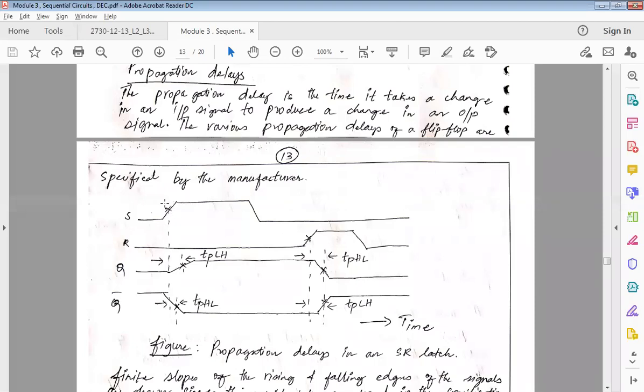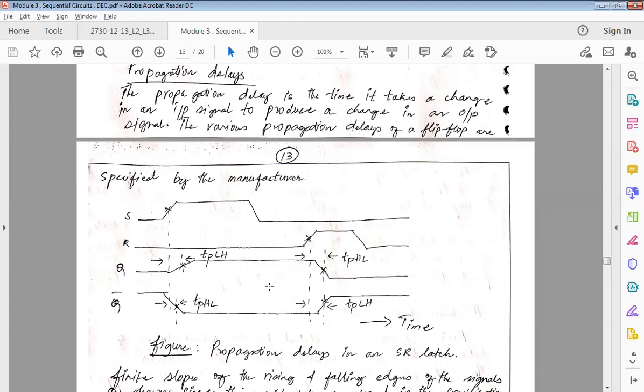But you can see what is happening: this midpoint and this midpoint should be the same, isn't it? But there is a short delay between this point and the Q point. This is called your propagation delay from low to high. LH is low to high, and TP is your propagation delay.